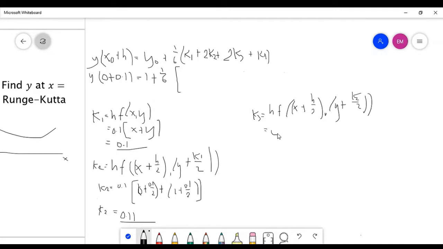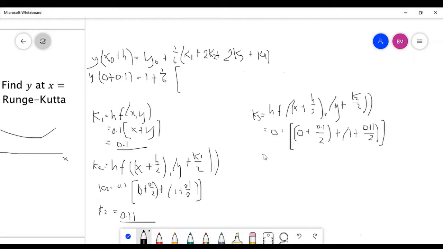Where h is 0.1 and the function is simply x. So, 0 plus 0.1 over 2. This is again for x alone. Plus your y. Your y is 1 plus K2 over 2, or 0.11 over 2.